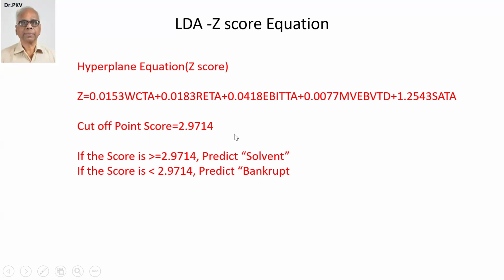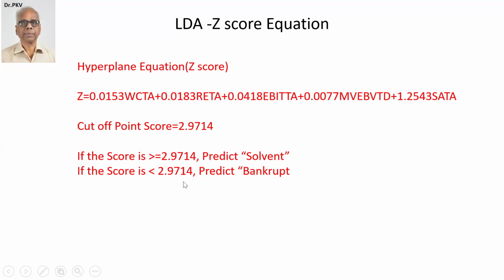And the cutoff point score, how do we get it? What we do is we compute the Z-score for each record. For both the groups will be there because there will be 66 companies, 33 companies are bankrupt, 33 companies are solvent, and therefore 66 scores will be there. And the cutoff point score is 2.9714.